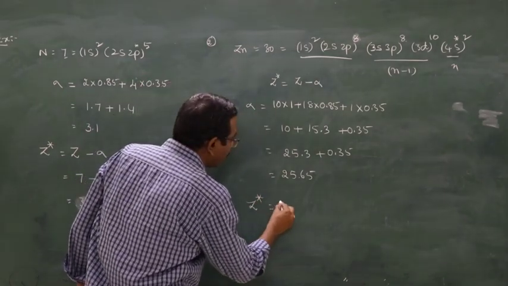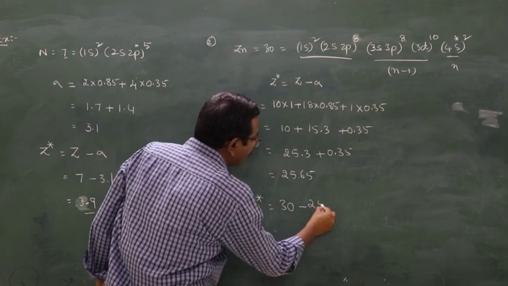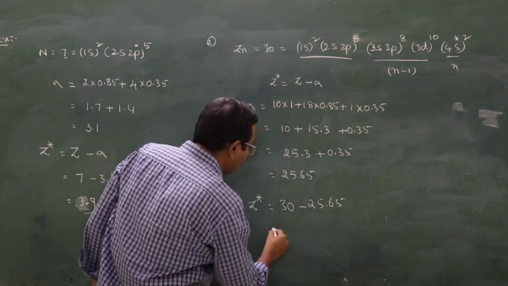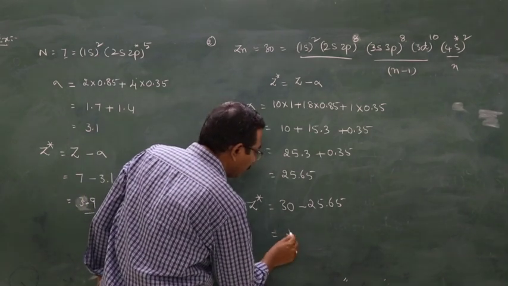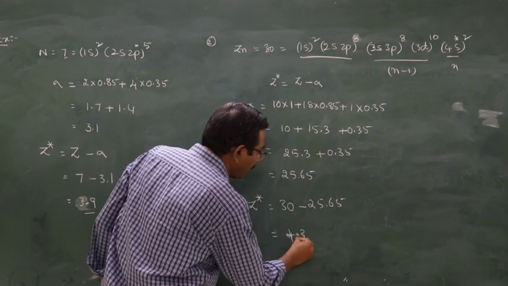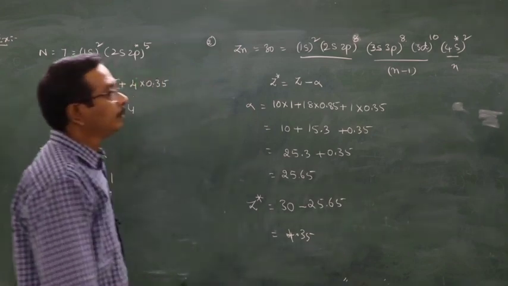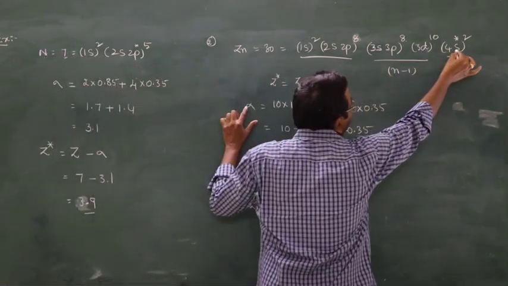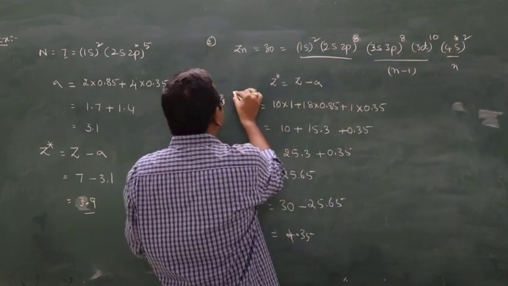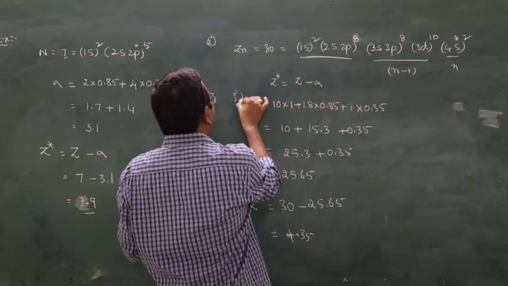Effective nuclear charge Z star is equal to 30 minus 25.65, that is equal to 4.35. This is the effective nuclear charge on the outermost electron. This is the first one.